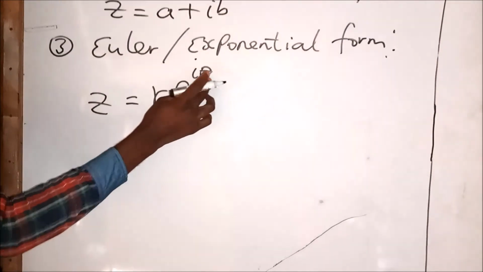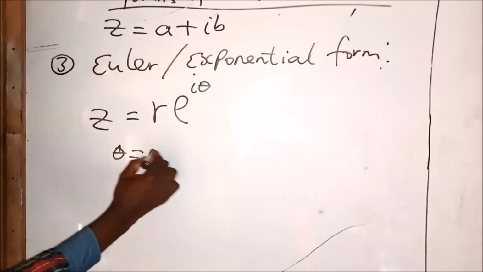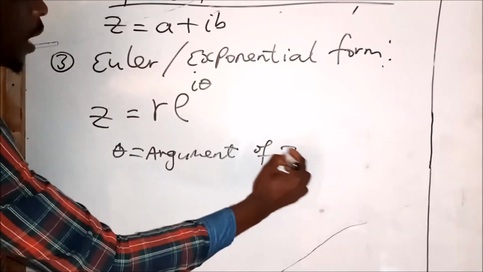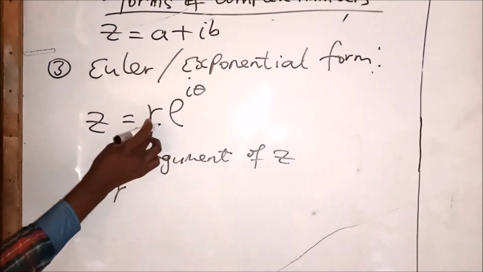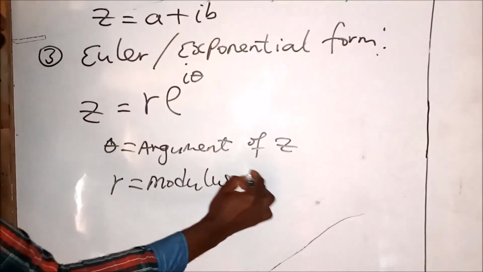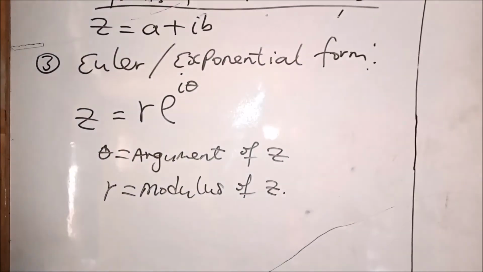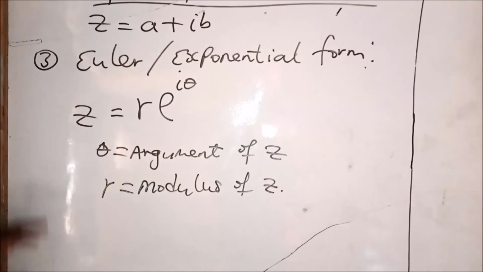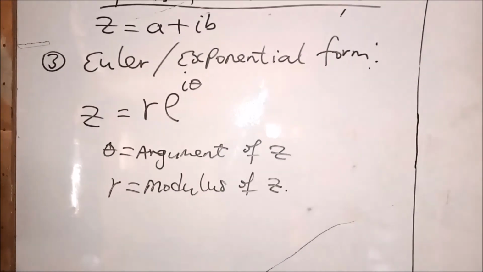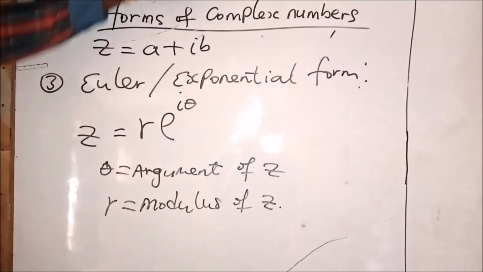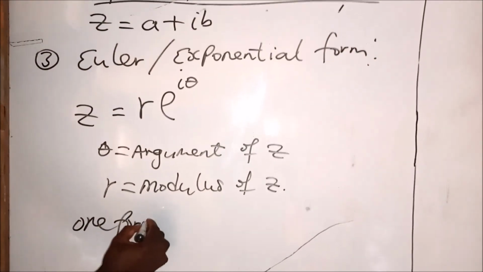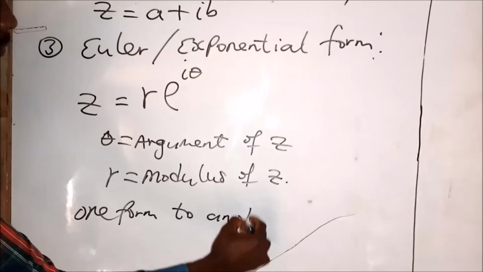Now, this theta is the same argument that we know, argument of z, while the r we have here is known as the modulus of z. So, since we have these three forms, we can be asked to convert a complex number from one form to another.